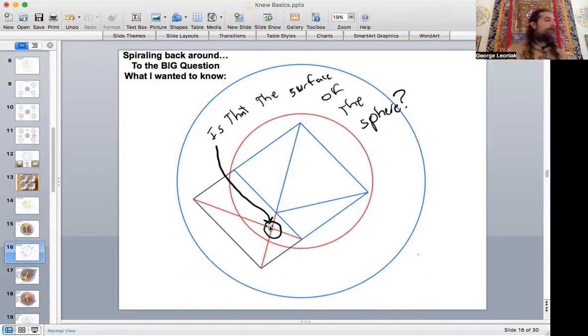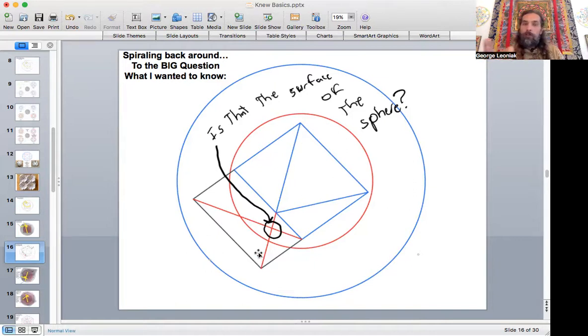Here's our octahedron in a sphere, and here's a square view. And now what I've done with this octahedron is kind of tilted it along like that. So you're kind of looking at it like that. Now all of a sudden, those points of the octahedron are not going to appear that they're in surface contact with the sphere. See, they look like they're floating inside.